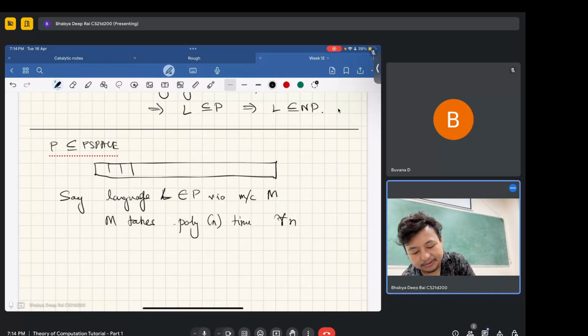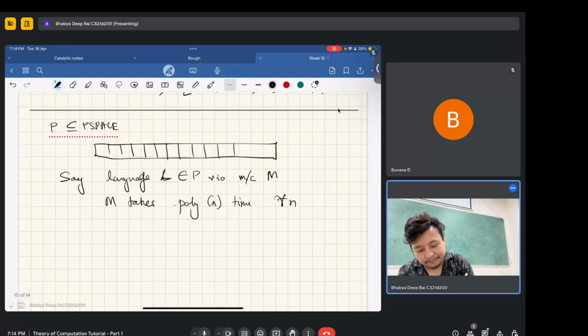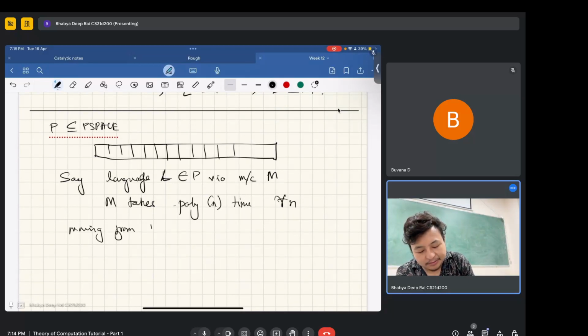Now, the idea is as follows. Any Turing machine to move from one cell to another takes at least one step, right? Moving from one cell to another takes one step.